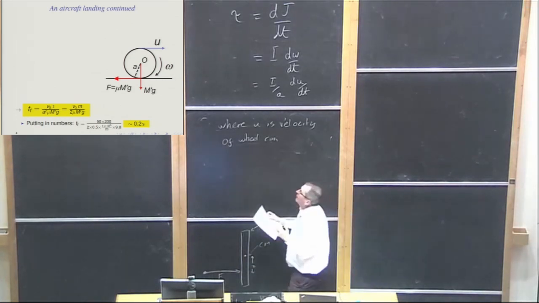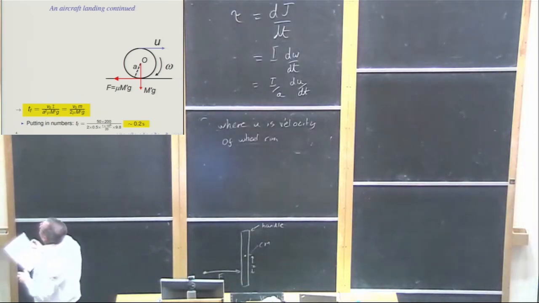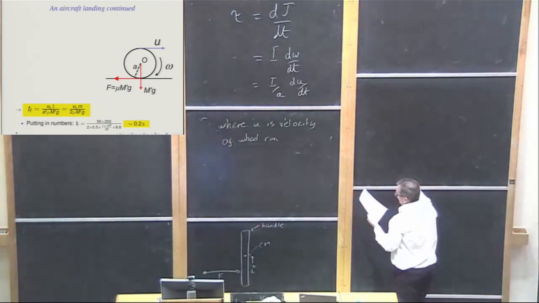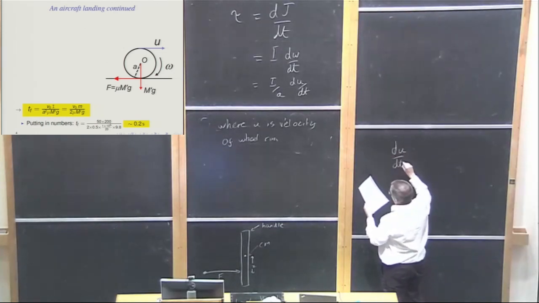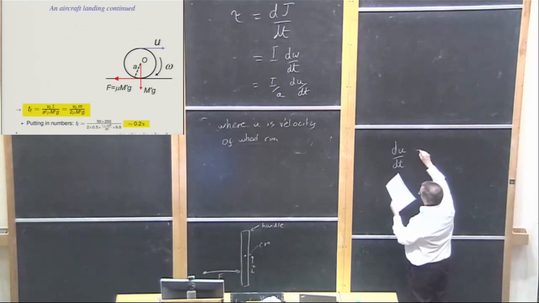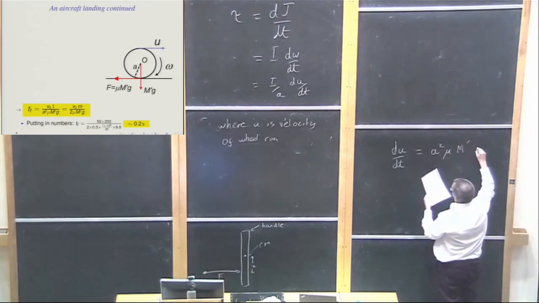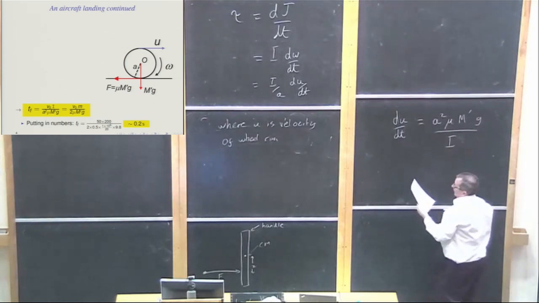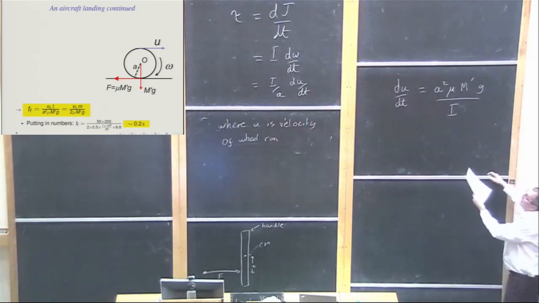Right. I remind you, what we're after is to calculate the time it takes for this wheel rim velocity to reach the velocity of the plane. So we have a differential equation that du by dt is a squared mu m prime g, oh, there's an I involved here as well, I on the bottom. Yep. So we can solve this.